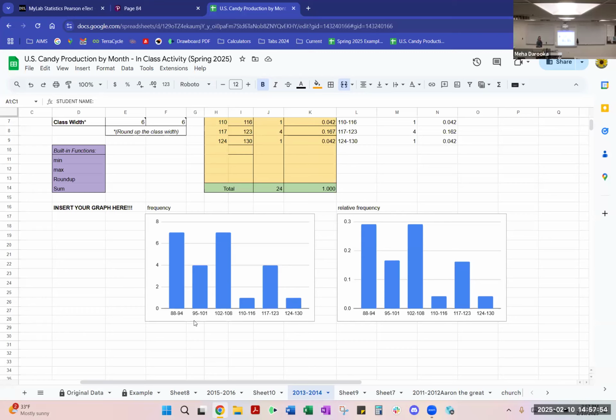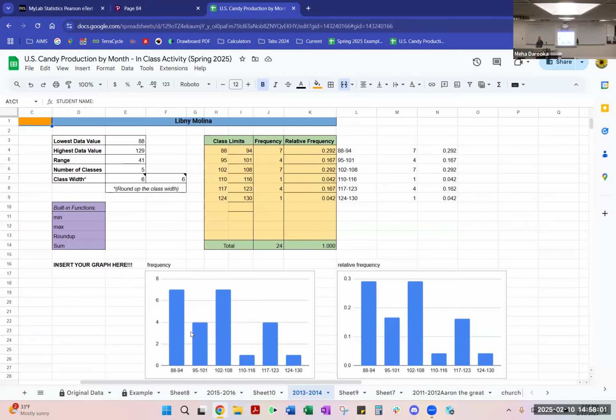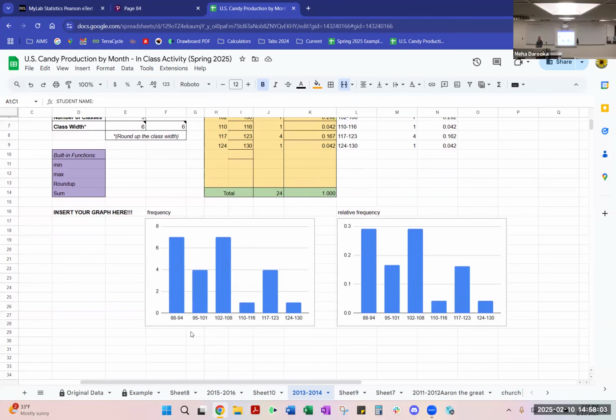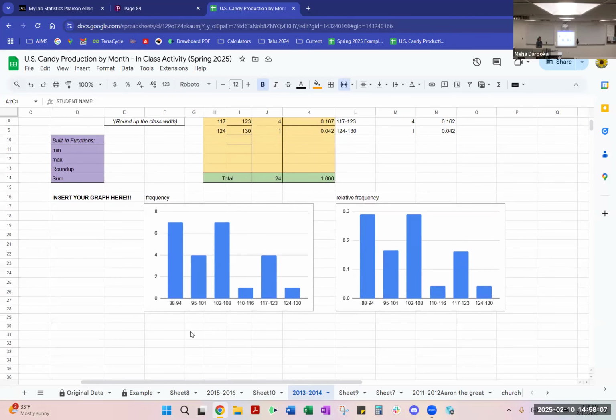Again, I'd be a little iffy on calling this uniform because we're seeing those two taller rectangles for 88, 94, and 102, 208. So I'm not sure I could honestly define this as one or the other kind of shape over here.